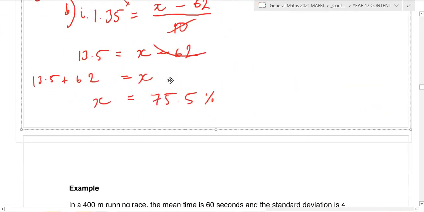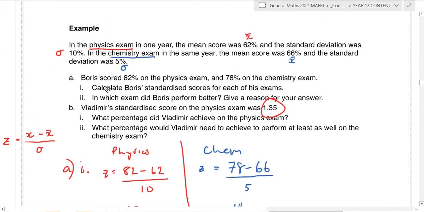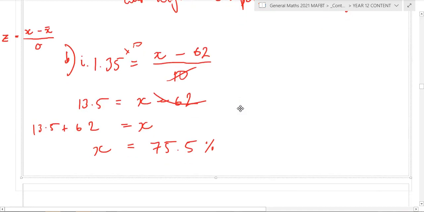So you want his standardized score in chemistry to be the same as what it was in physics. As in, you want him to achieve just as well in terms of that, not in terms of the percentage, but in terms of the standardized score. So the percentage is going to be different.